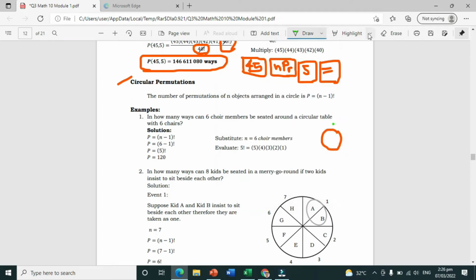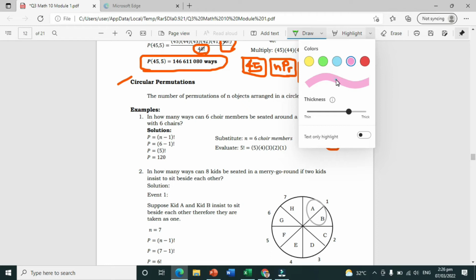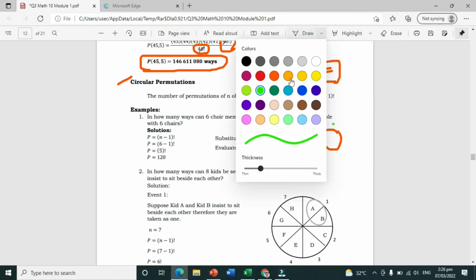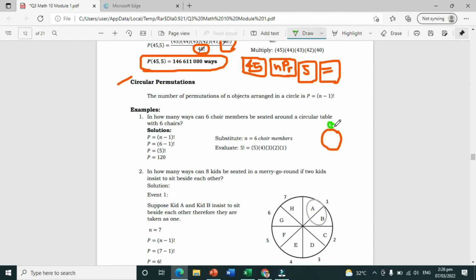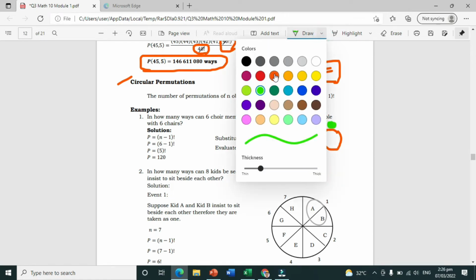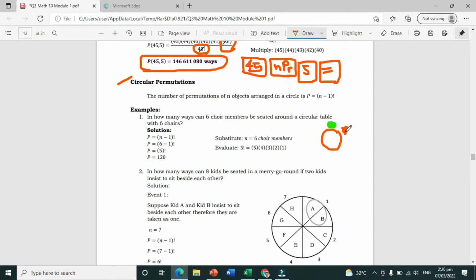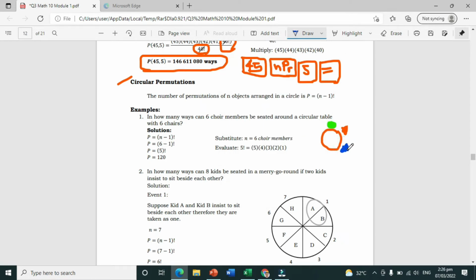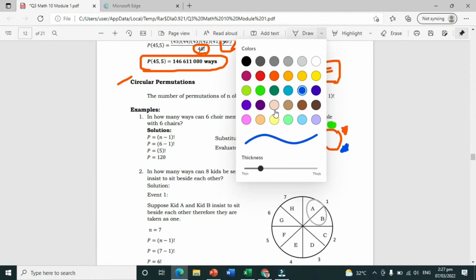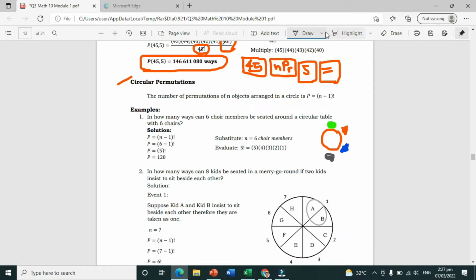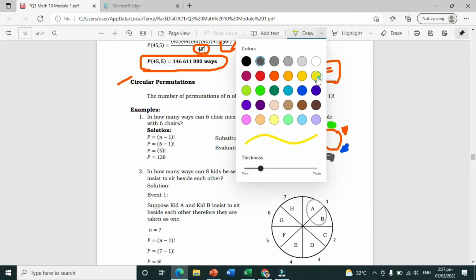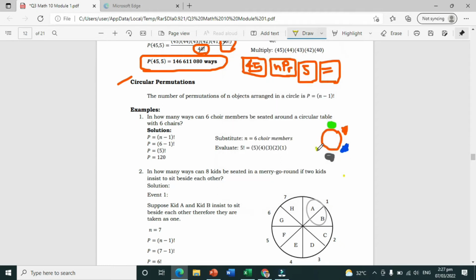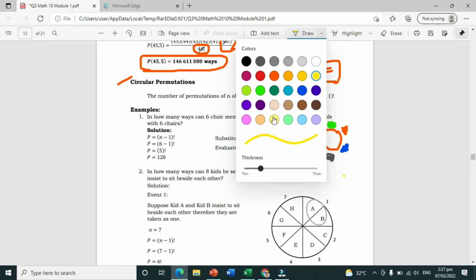Isa. Tapos, 2. Tapos, 3. Tapos, 4. 5. 6.